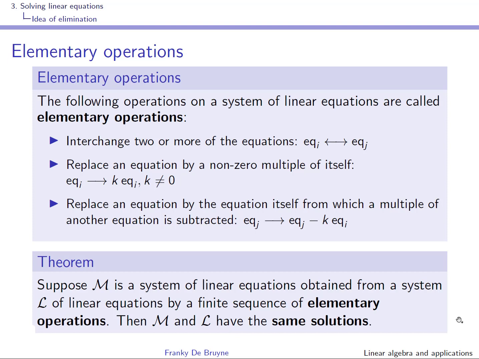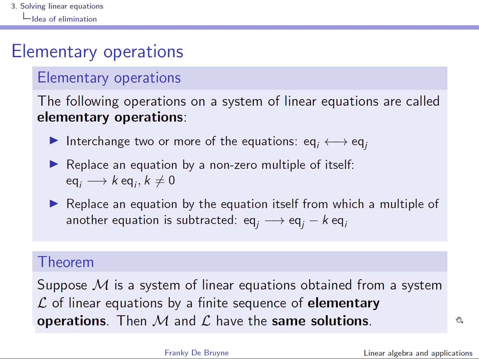Well, when doing Gaussian elimination, we have used so-called elementary operations. There are 3 types of elementary operations. The first one is to interchange 2 or more of the equations, and this can be interesting if you're blocked because you have a 0 pivot.